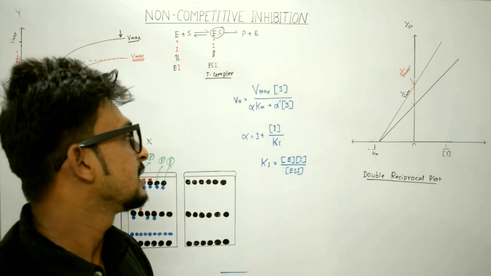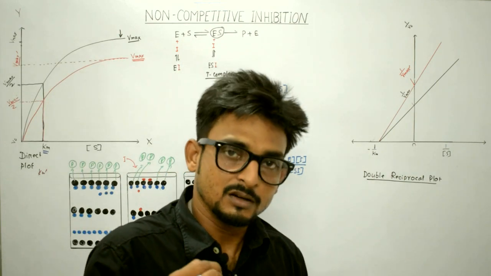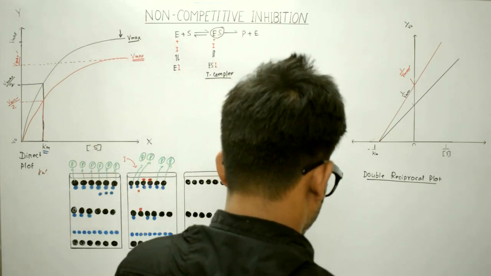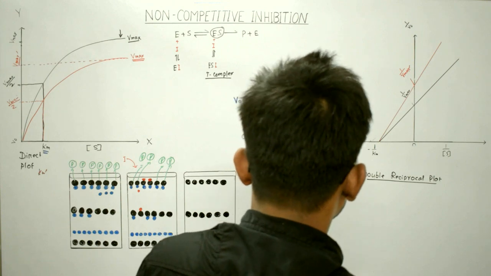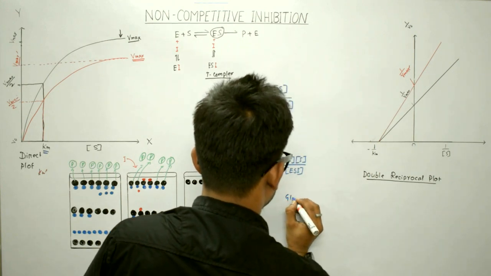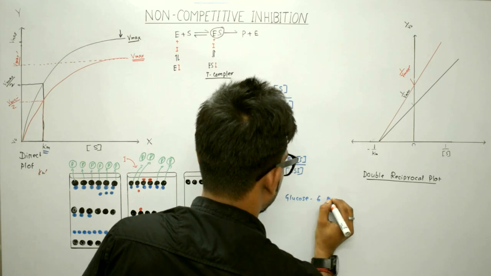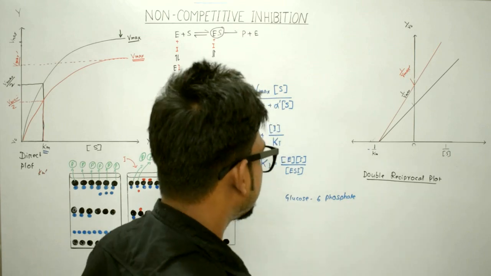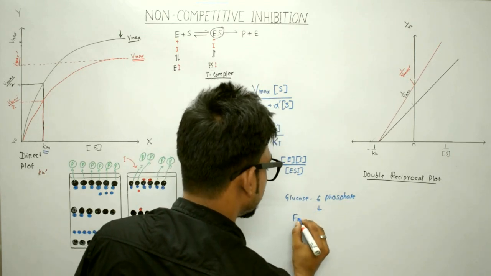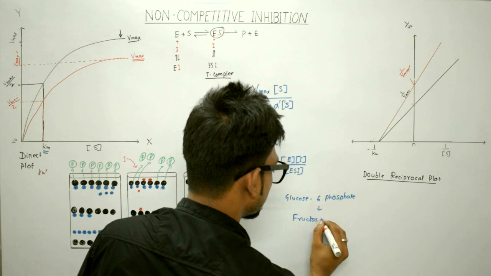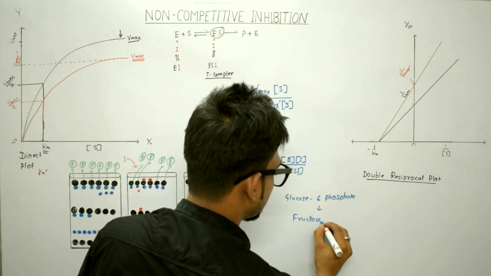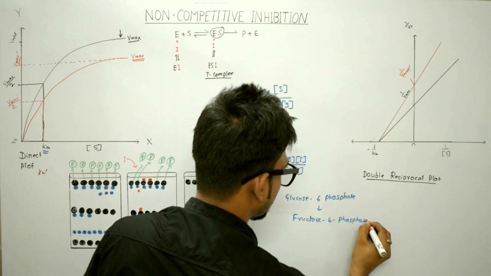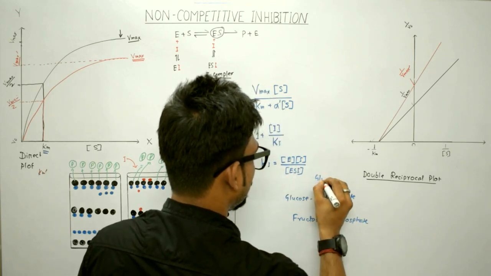So whatever enzyme it may be, basically it will form glucose 6 phosphate. Another intermediate from that will be fructose 6 phosphate. Okay, so it is coming from the glucose with different enzymes.